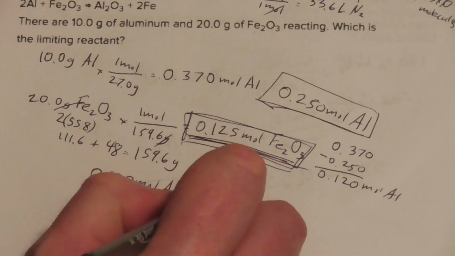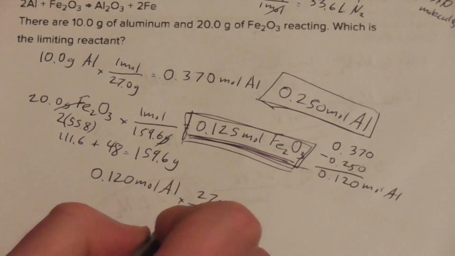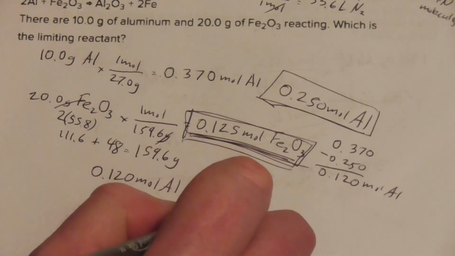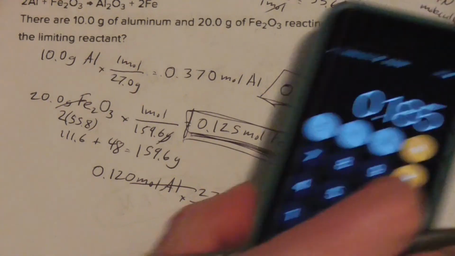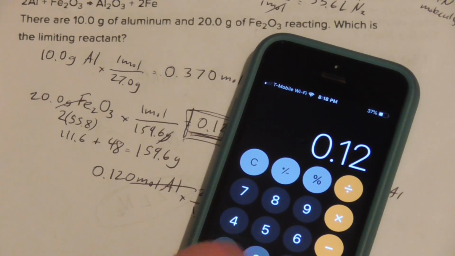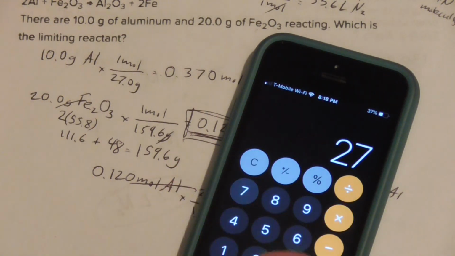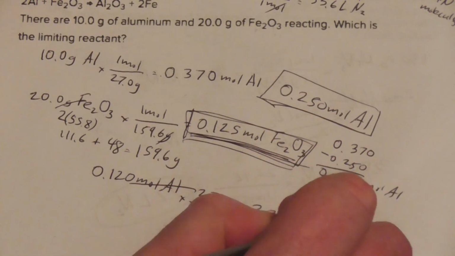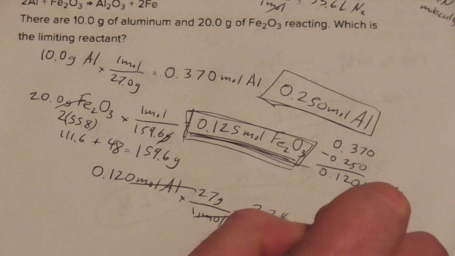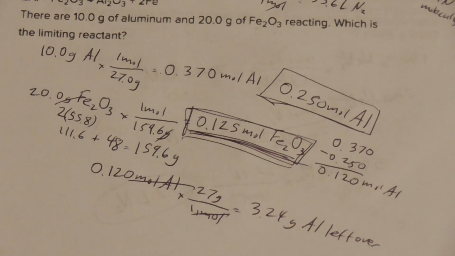And then I would do 27 grams because that's the gram molar mass of aluminum, over 1 mole. My moles cancel out. And I end up getting 0.120 times 27, which is 3.24 grams of aluminum left over that is not participating in this reaction.